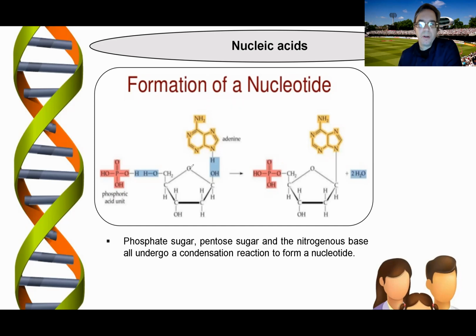Here we've got our pentose sugar. In a nutshell, what happens is what's called a condensation reaction, which is where water is removed when the nucleotide is formed. If we look here, we can see H2O comes out in the reaction, and this forms what we call a nucleotide.